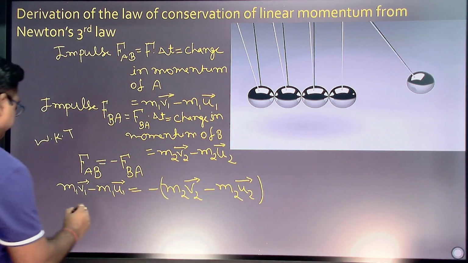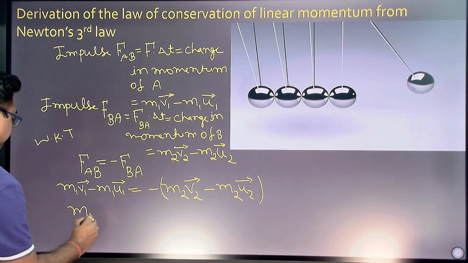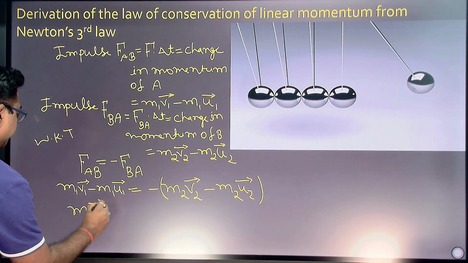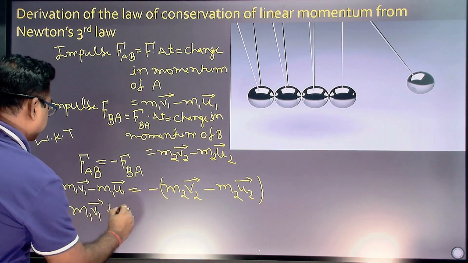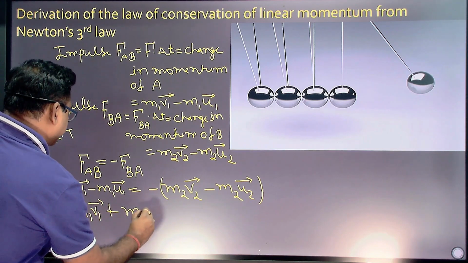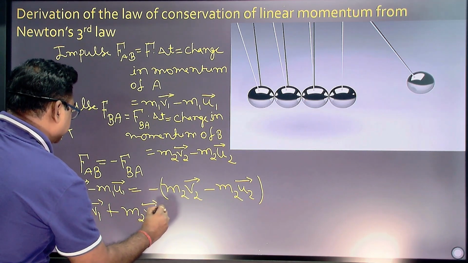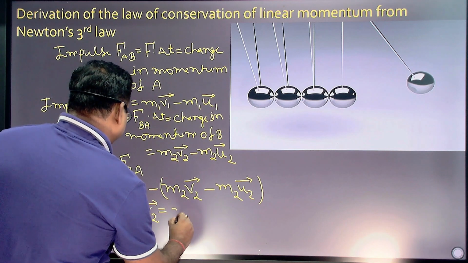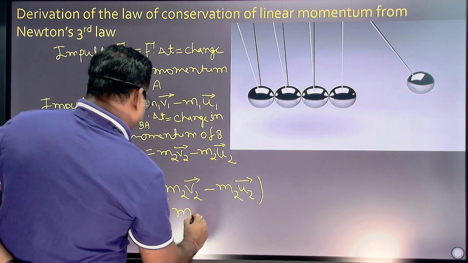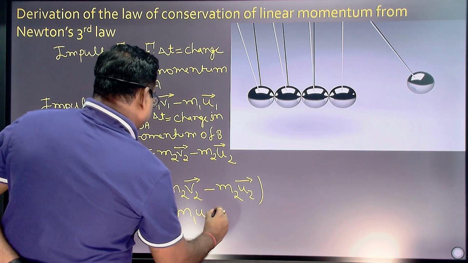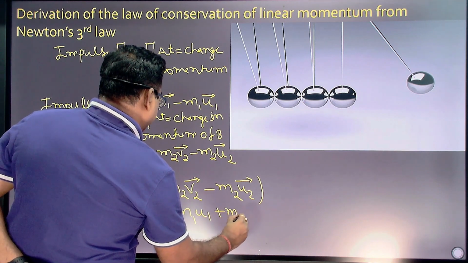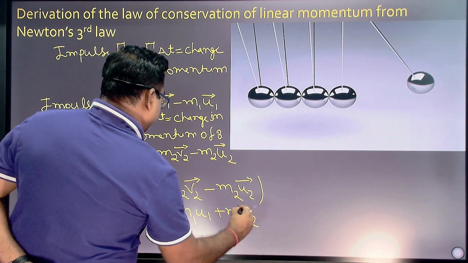It becomes m1 v1 plus m2 v2 equal to m1 u1 plus m2 u2.